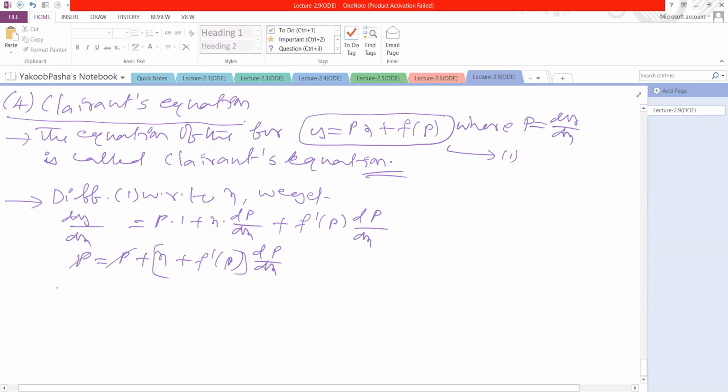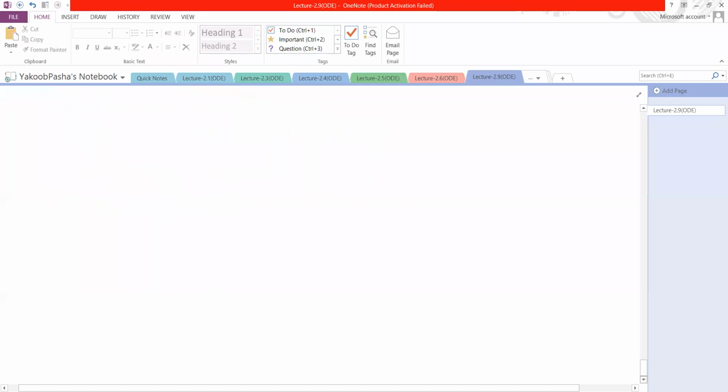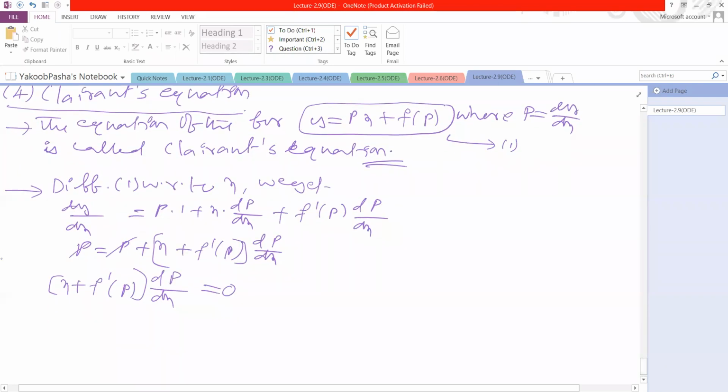So we get an equation of the form x plus f dash of p into dp by dx is equal to 0. Here the product is 0, which means either one of them is 0. That means either x plus f dash of p is equal to 0 or dp by dx is equal to 0. If dp by dx is equal to 0, this implies dp is equal to 0, so p is equal to c, which gives the general solution.